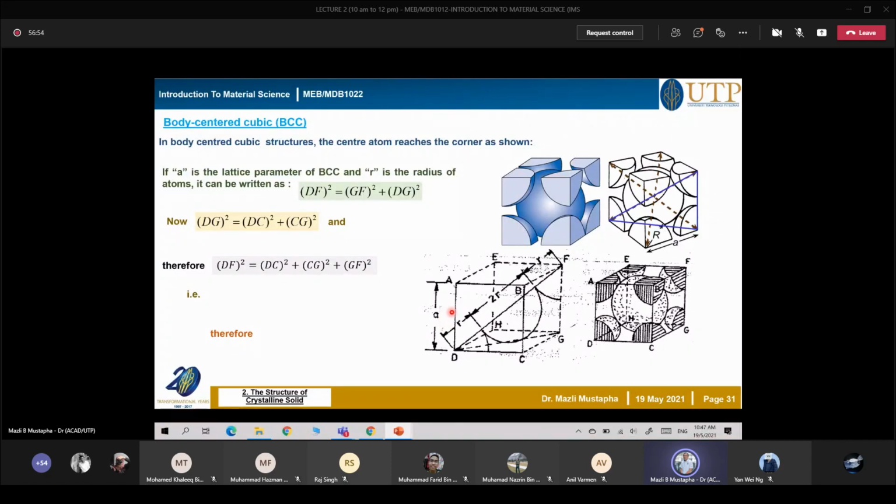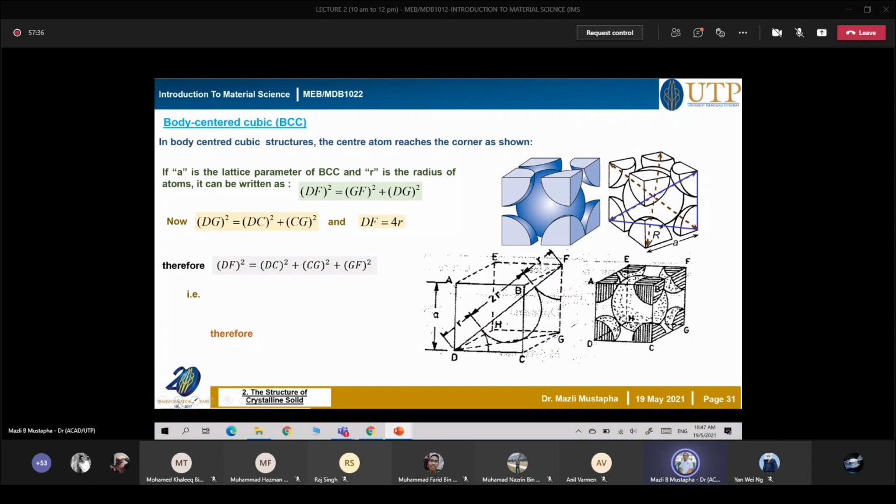A is the same for all of these because we are dealing with the cubic system. We know that DF is 4R. Why? Because this is the radius of one atom shared at the corner, and we have 2R in the middle, this big one, and then we have another at the corner, which is R. So that's why we have 4R, meaning the radius of atoms. Once we find this, we know that DF squared is DC squared plus CG squared plus GF squared.